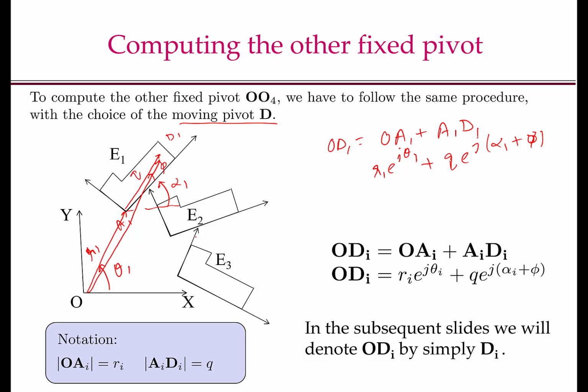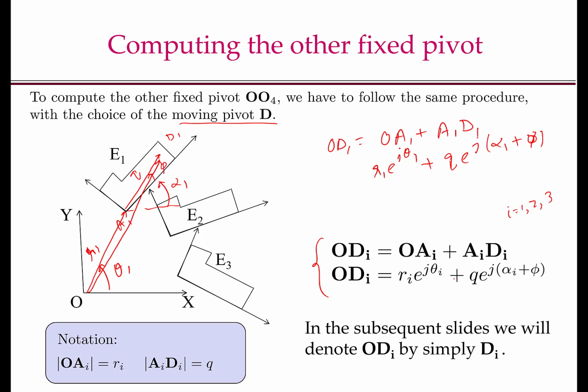I can do the same procedure and get OD2 and OD3. In general, this is the equation that I will have, where i is 1, 2, and 3. Again, you should convince yourself that I know all the ODi because I know all the Ri, theta i and alpha i by knowing the three poses E1, E2, E3.